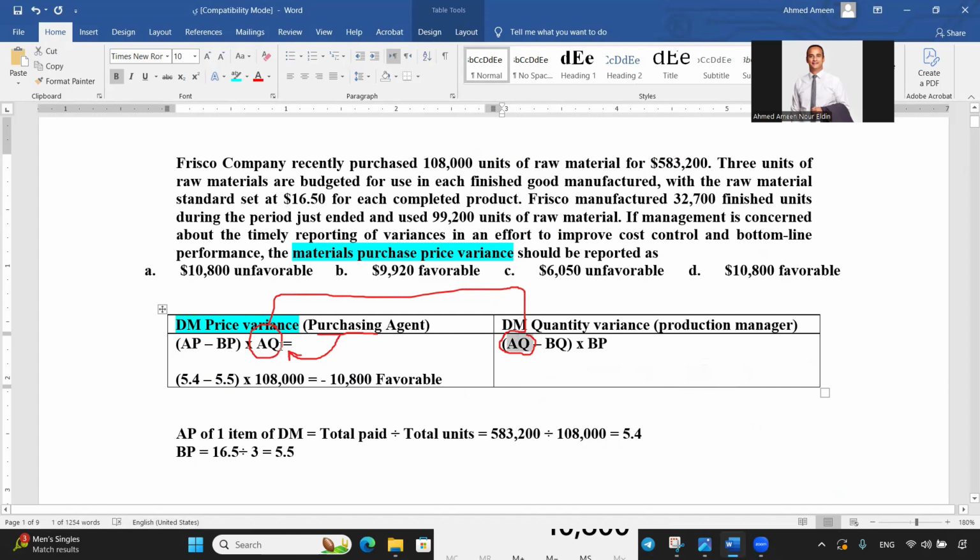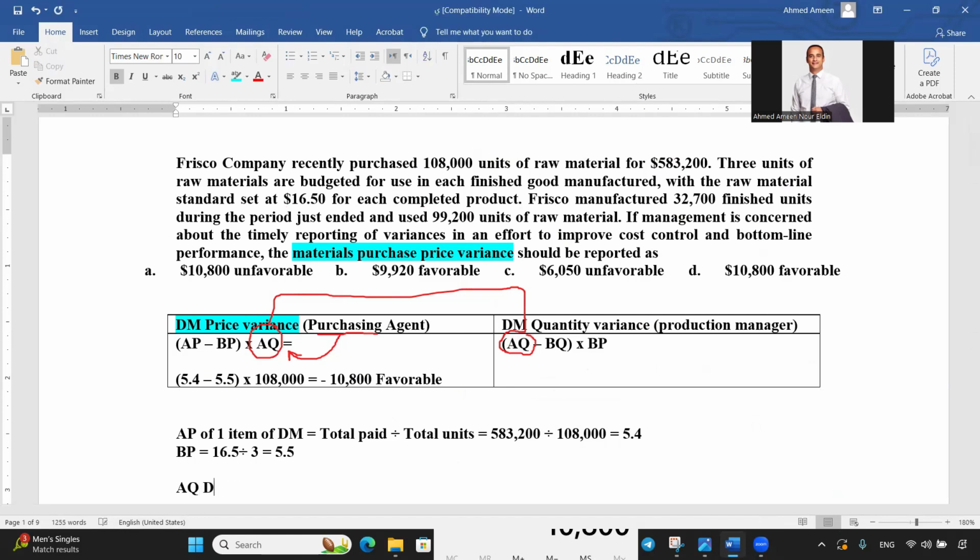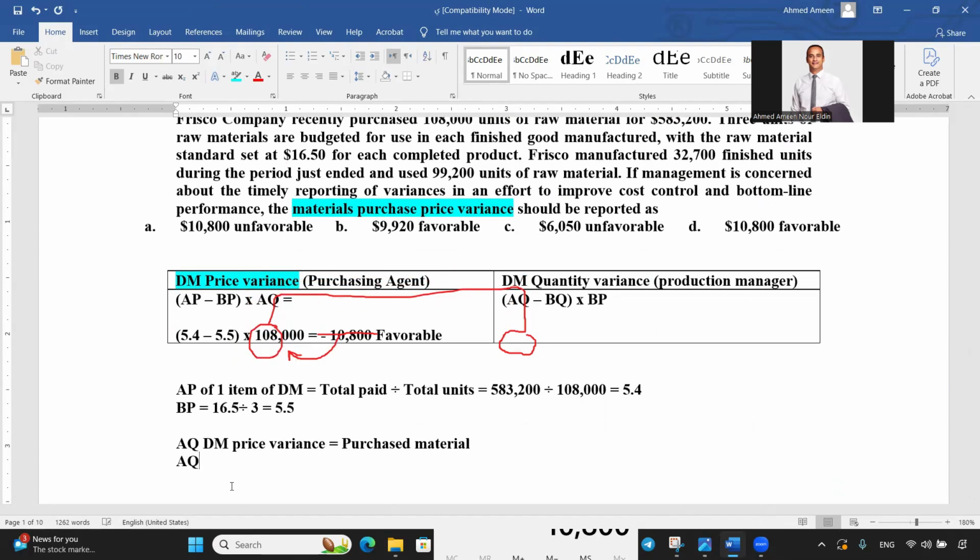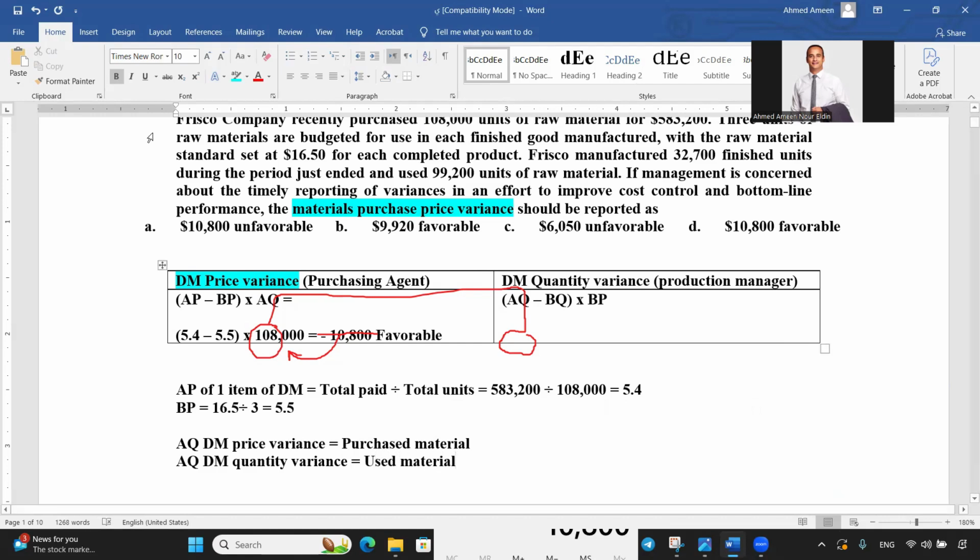So the actual quantity in the direct material price variance is equal to the actual quantity of direct material bought, purchased material. While the actual quantity in direct material quantity or efficiency variance is equal to the material used, not the material purchased.